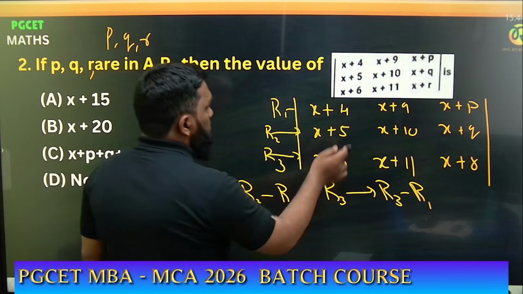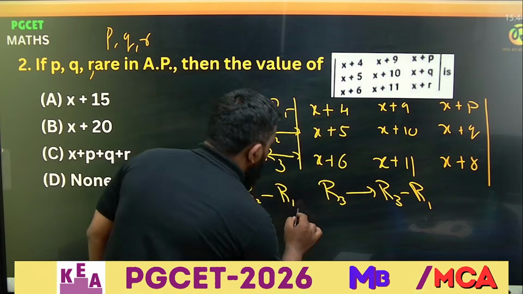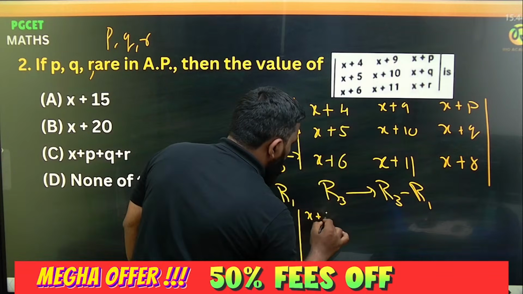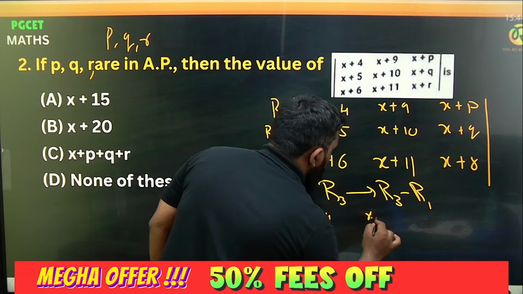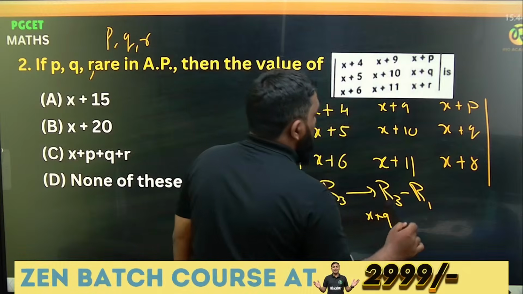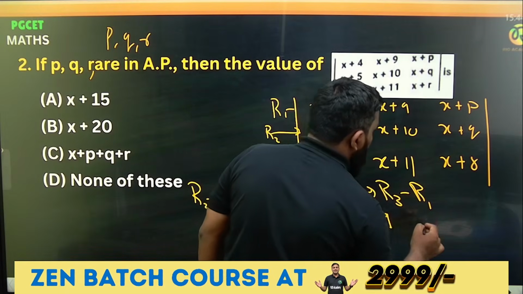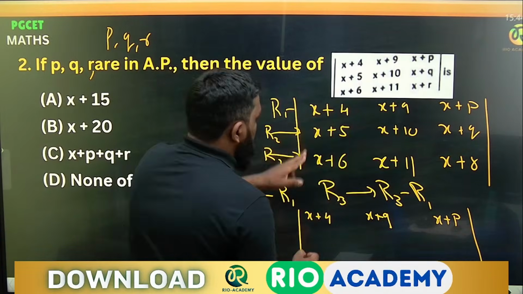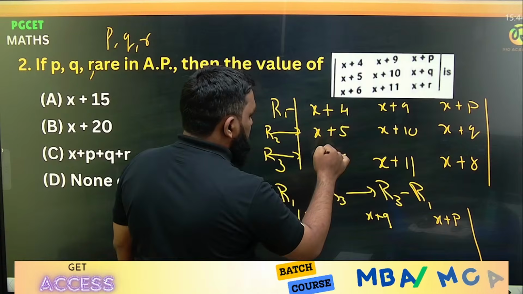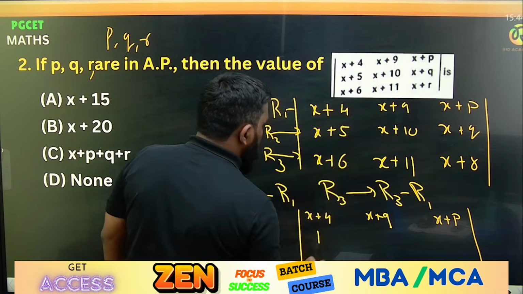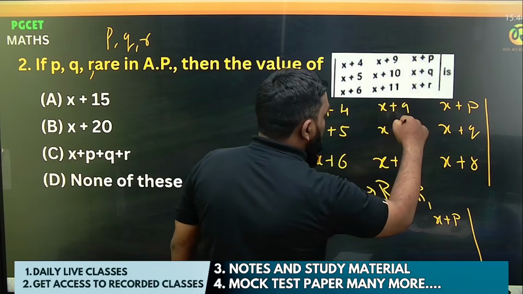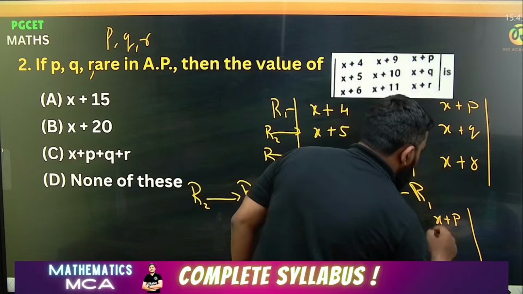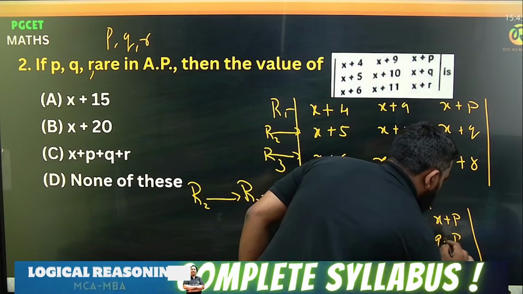Now the first row: x plus 4 as it is, x plus 9 as it is, x plus p as it is. In the next row, x gets cancelled and 5 minus 4 is 1, 10 minus 9 is 1, and the last entry is q minus p.